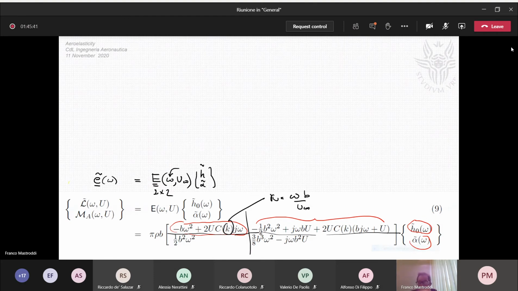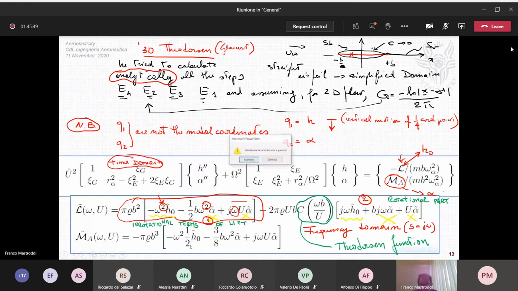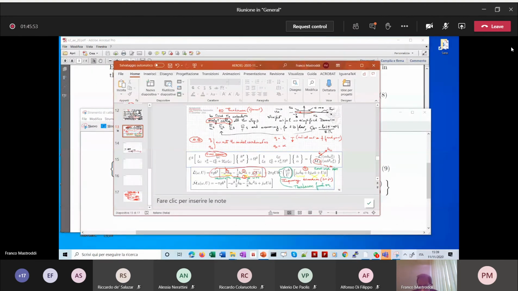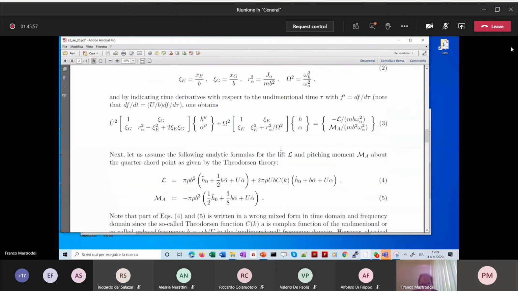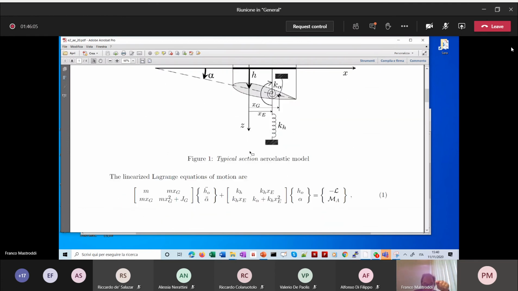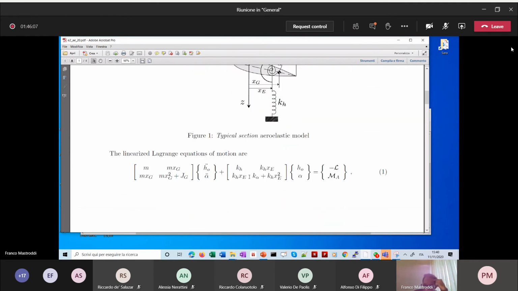Okay, and in our exercise here, number 2, that I am going to assign to you, we have our section airfoil. We have our structure, simplified structure, this here. We have this equation.